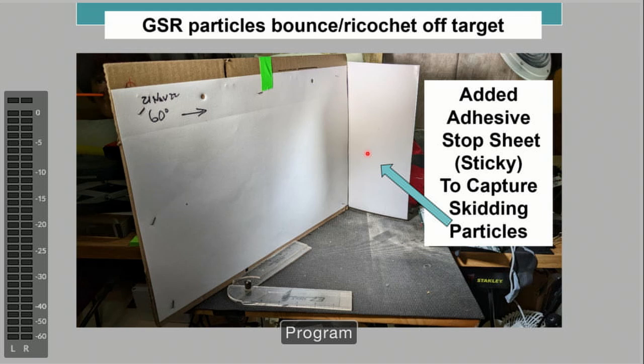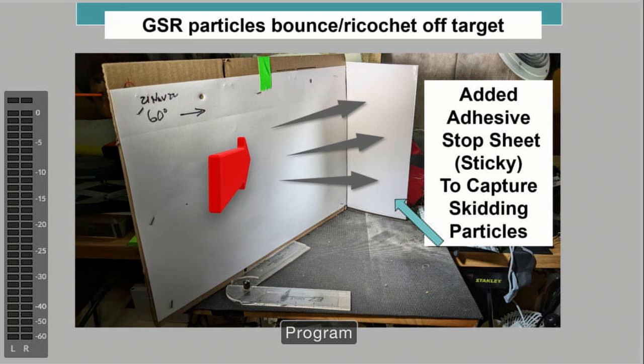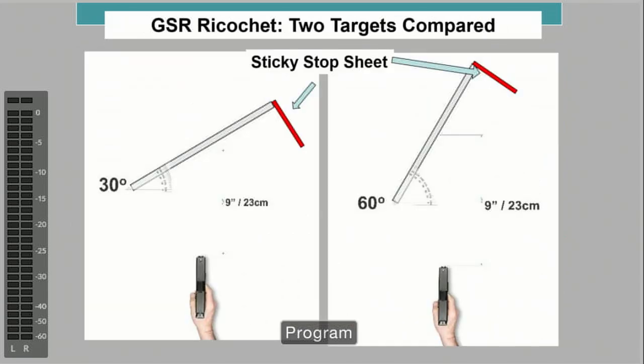I put a piece up there to capture any particles that would be skidding. So I'm shooting like this, thinking that the particles will be caught and retained in the adhesive sheet. This is a setup I did at 30 degrees and 60 degrees, with the red indicating the sticky sheet.